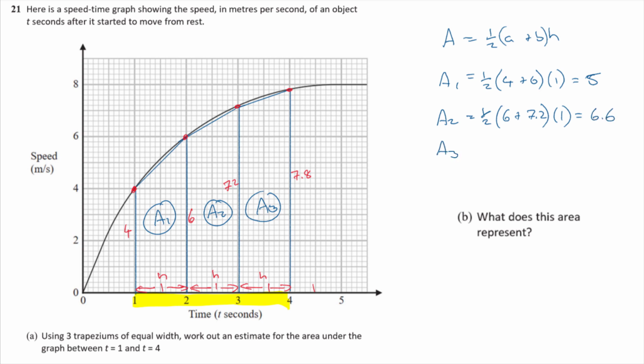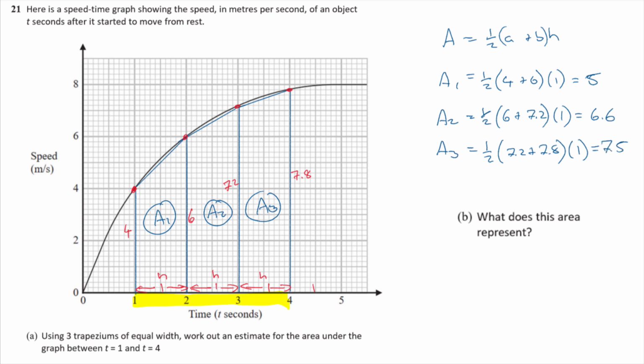And then I've got A3, which is a half of 7.2 plus 7.8 times by 1, which is, well, 7.2 and 7.8 is 15. 15 divided by 2, that is 7.5.